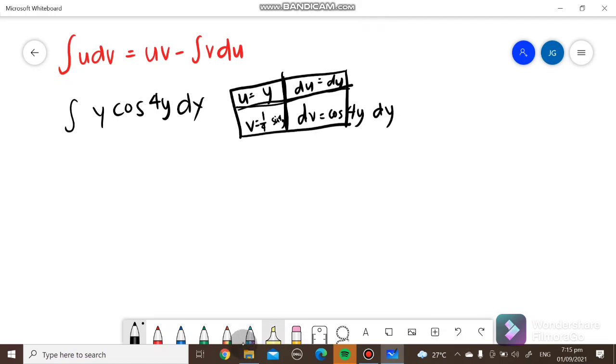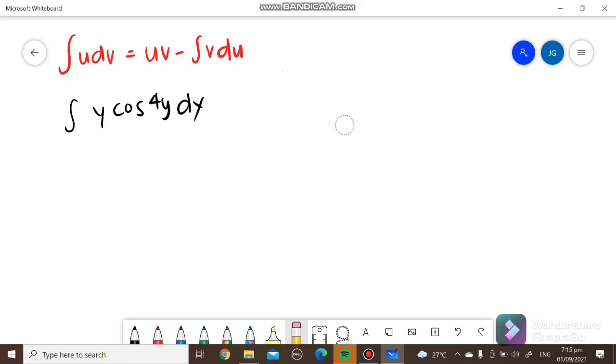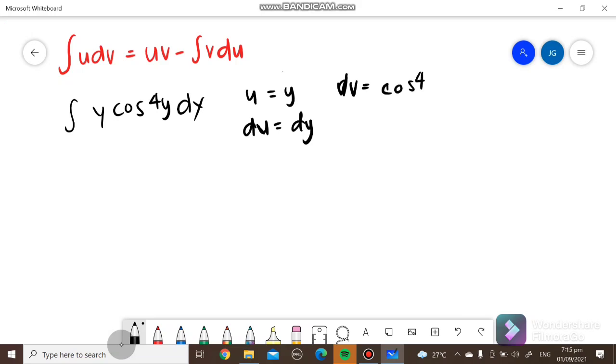Okay, let's not do this because the box I made is too small. So I'll just write u is equal to y, the derivative of u is dy, and our dv here is cosine 4y dy. So our v here is 1/4 sine 4y.